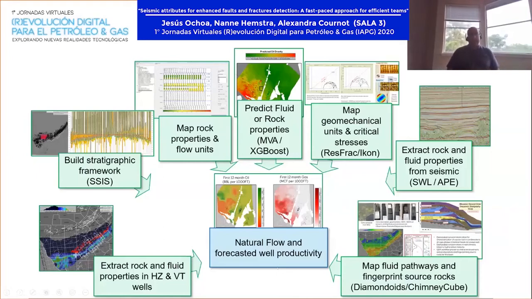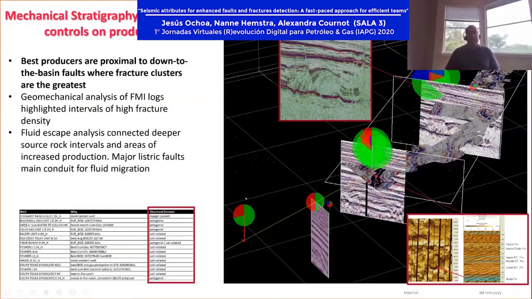With that, a first view of the mechanical stratigraphy and the structural controls that we see on producibility. Here you're seeing a seismic view from a 3D volume that we have available for the Eagle Ford in West Texas.